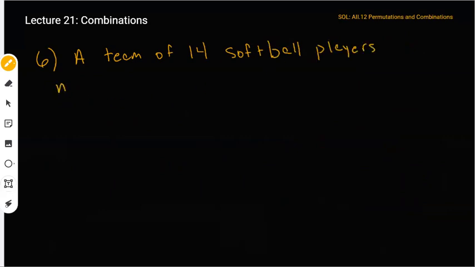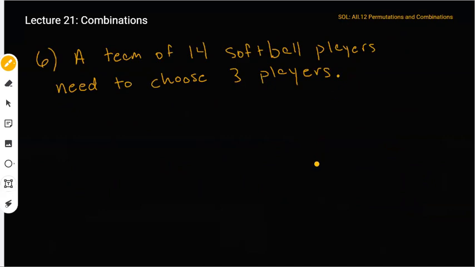Number 6 says, a team of 14 softball players need to choose 3 players to refill the water cooler, but I'm just going to leave it as this.